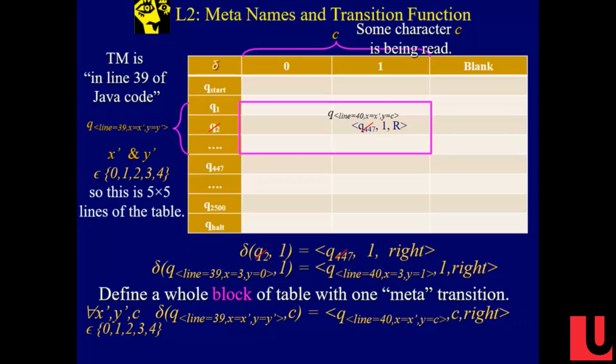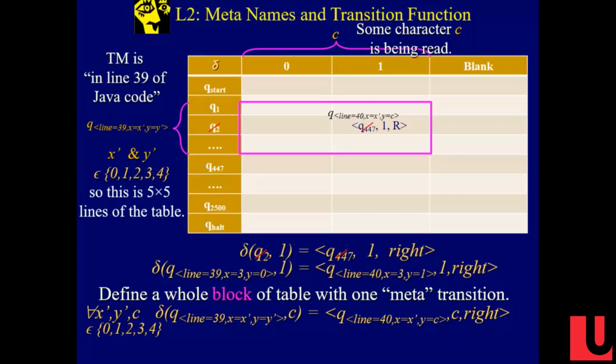Did you get how this way we have states of the form, they're all line 39, there are 5 values here, 5 values here, we've got 25 of these, right? So I'm saying for every one, and then we got 2 values here, right?